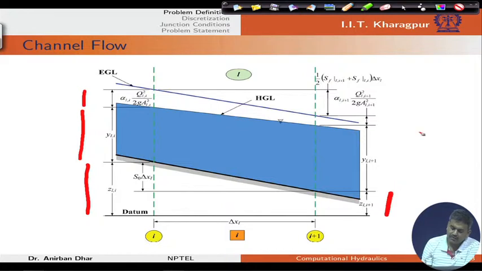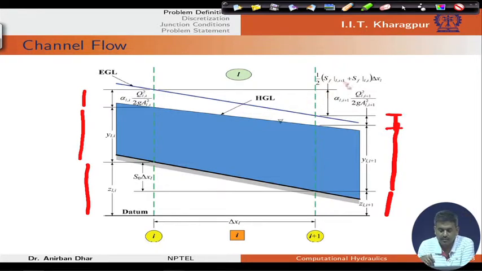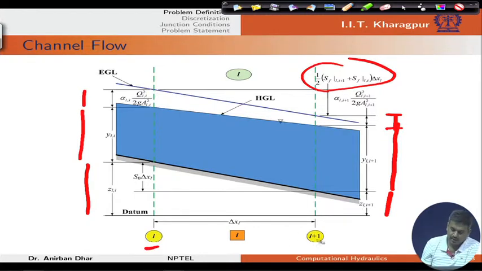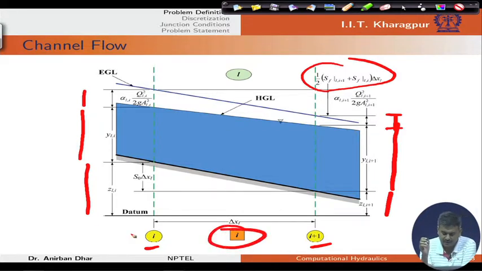On the downstream end also we have our elevation head, flow depth, and this kinetic energy head here, and this is the friction slope, which is the average one by considering the two friction slopes at 2 consecutive sections, I and I plus 1, where I is the segment number, L is the channel section, del x is associated with the channel reach.